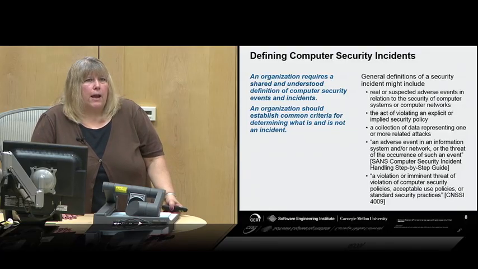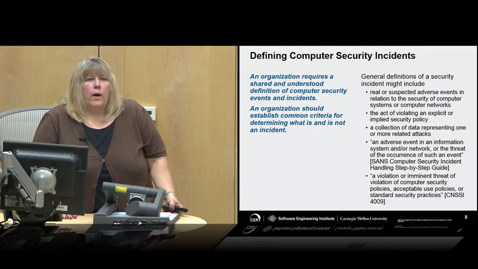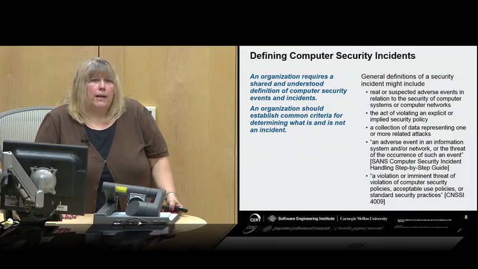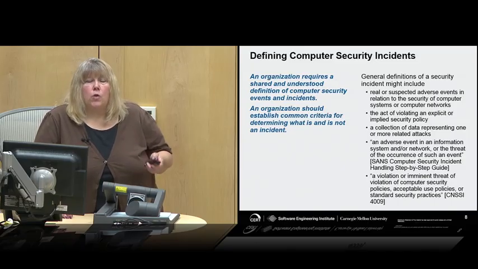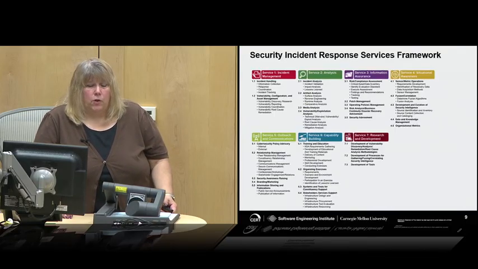So you have to be very careful defining what your definition is of an incident. These are just some examples, and you can certainly use these to build your own. But the important point from this slide is that your organization needs a standard definition of what it means by a security incident or computer security incident.